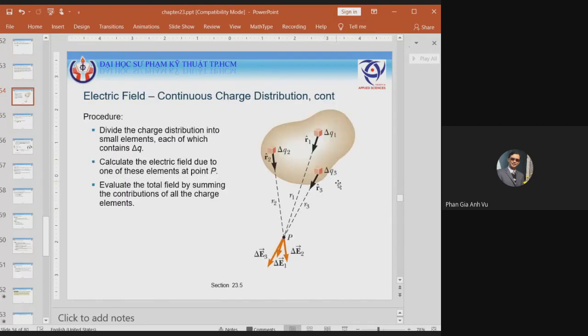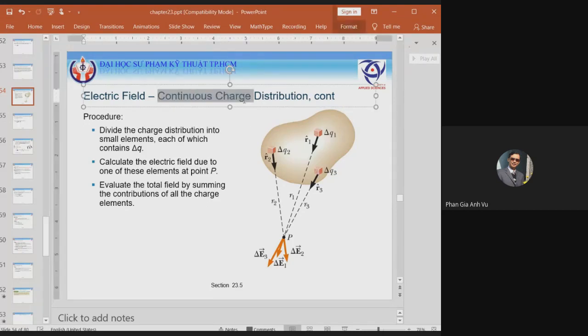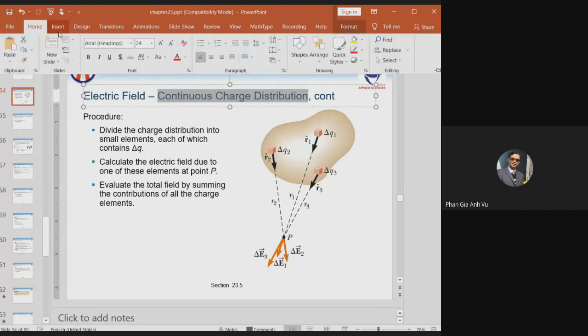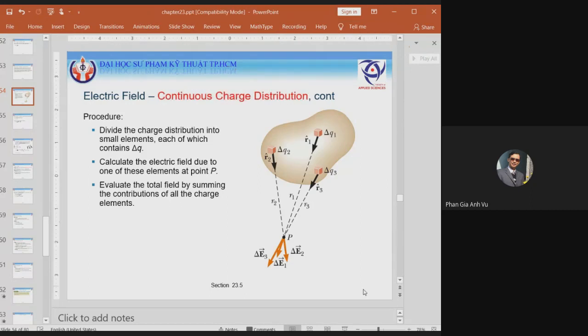Now let's come back to the integral. When we have an object like this, we call it a continuous charge distribution. It's a very interesting but difficult concept. Let's say, do you eat dragon fruit? Trái thanh long, right?